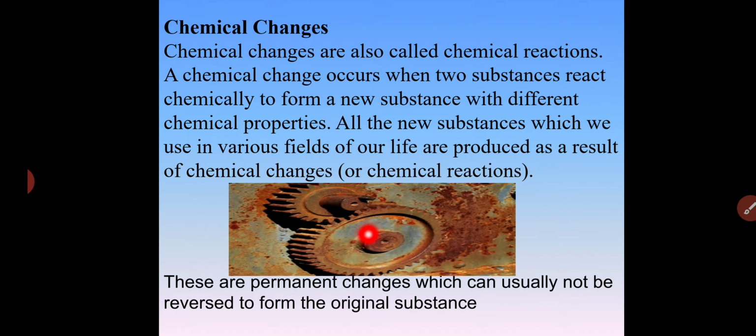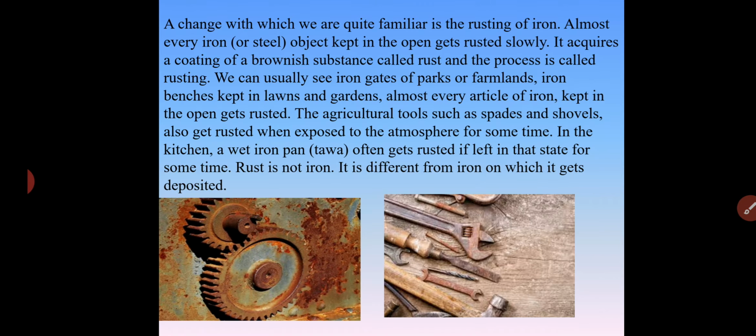Here you can see that a metal reacts with the moisture, the water droplets present in the air, and it gives rusting. This rusting powder is nothing but a chemical change.